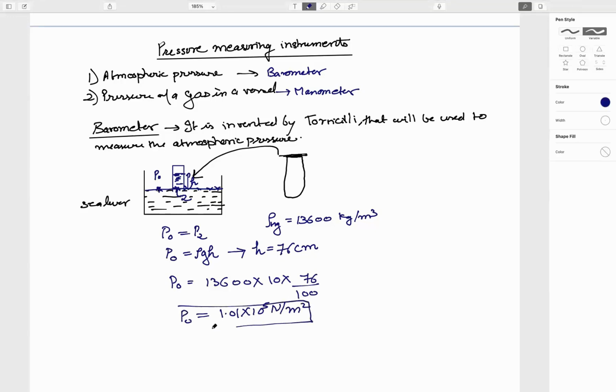That's the experiment he did. From this experiment, we get to know the height H of the mercury rise, and from there we get the atmospheric pressure.